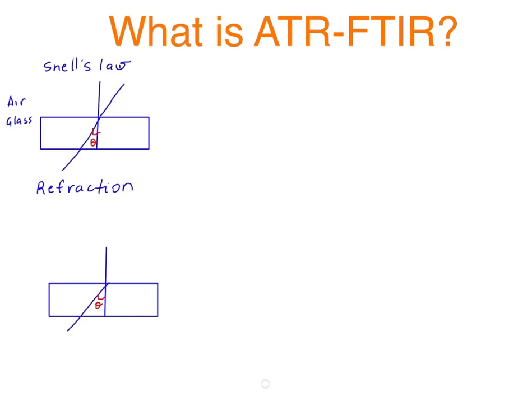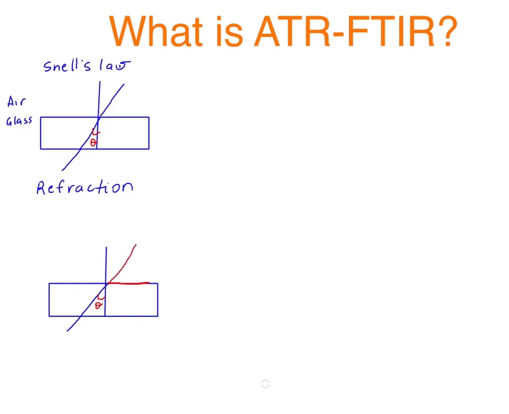At this exact angle, the refracted beam no longer propagates into the second medium. Instead, it travels along the interface. This is how it looks. It travels along the interface like this. I drew it in a red pen just to visualize this correctly.